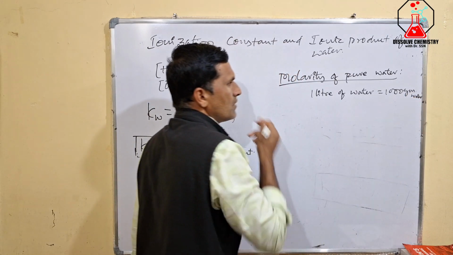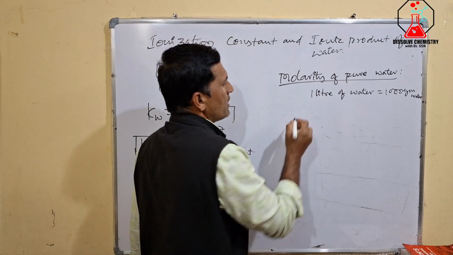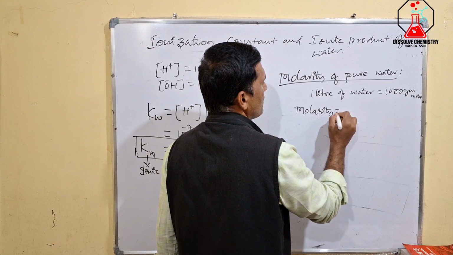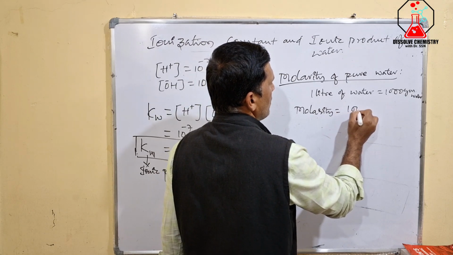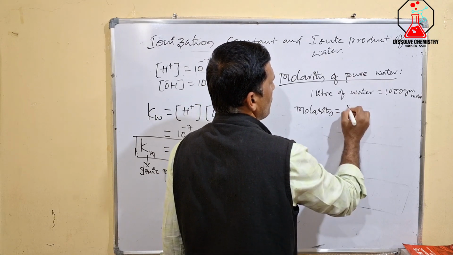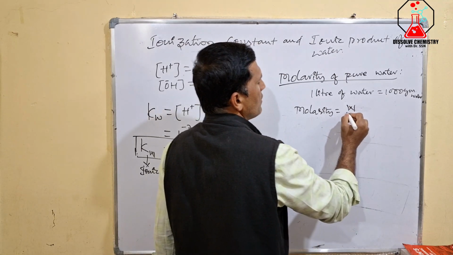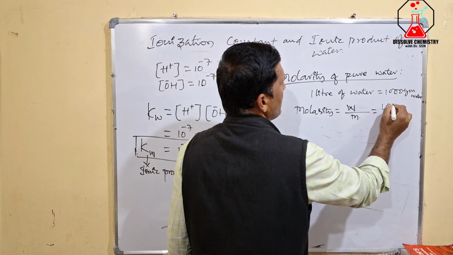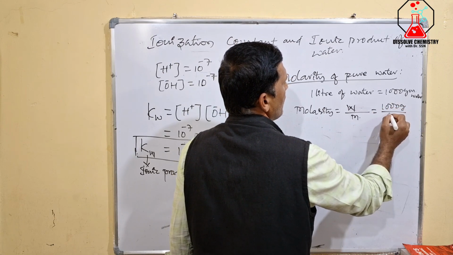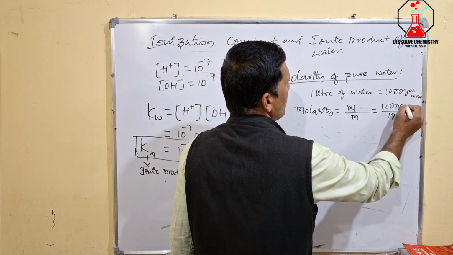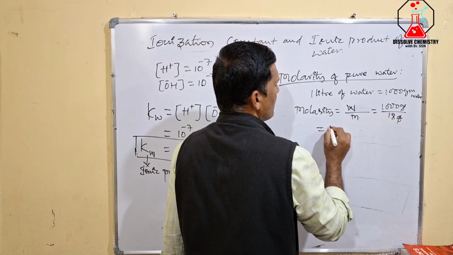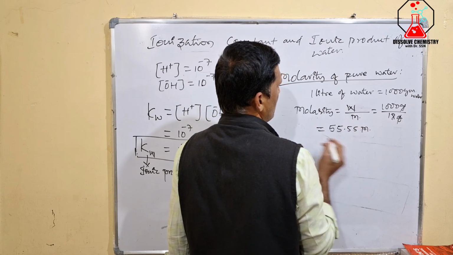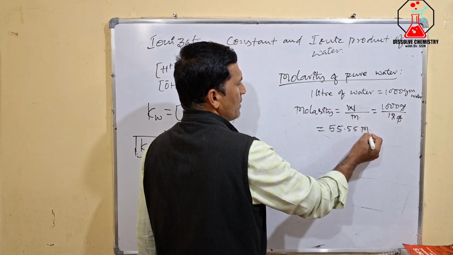So therefore, if you want to calculate its molarity, we will write this formula: the weight of the water divided by its molar mass. So therefore, the weight is 1000 gram and its molecular weight is 18 gram. So gram gets canceled. You will be getting 55.55 molar. Okay, molarity of the water is how much?